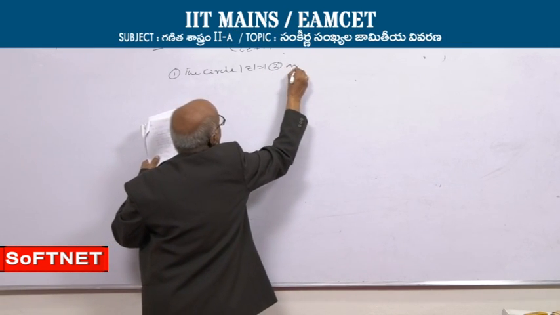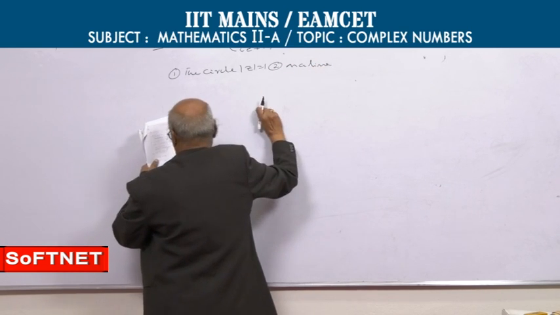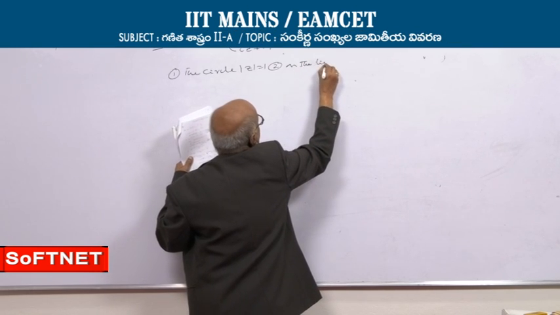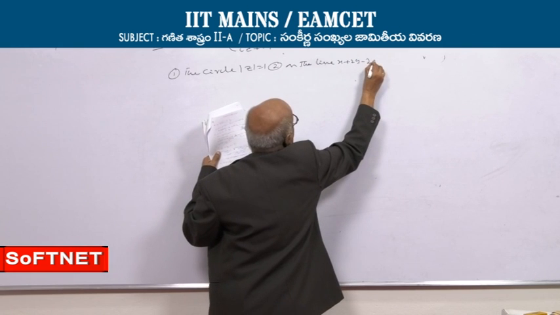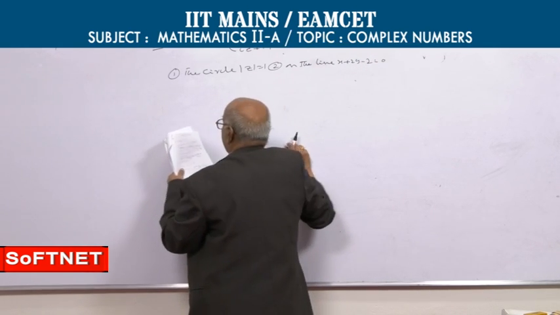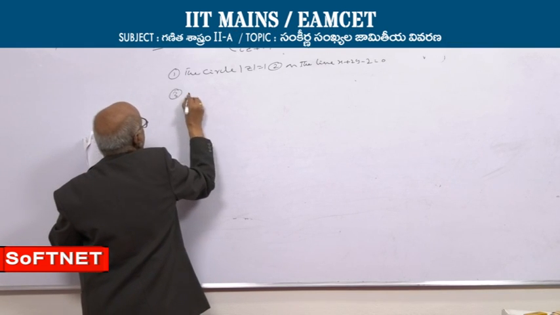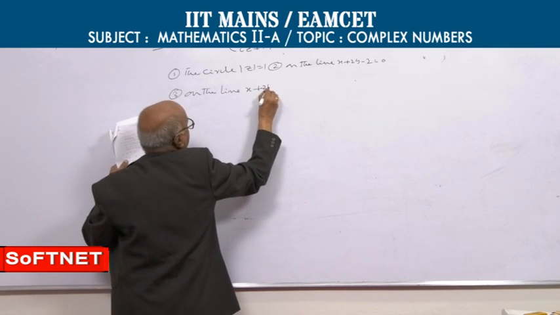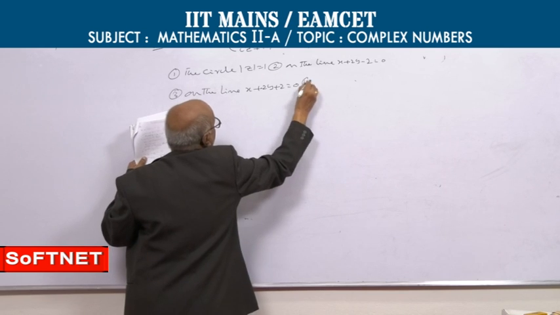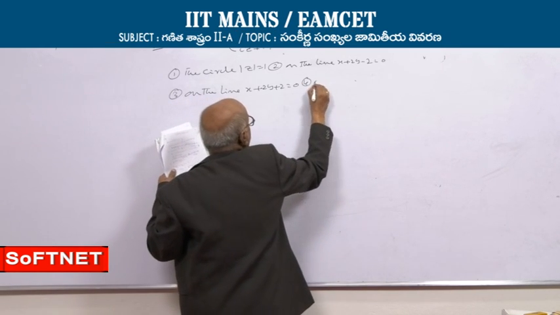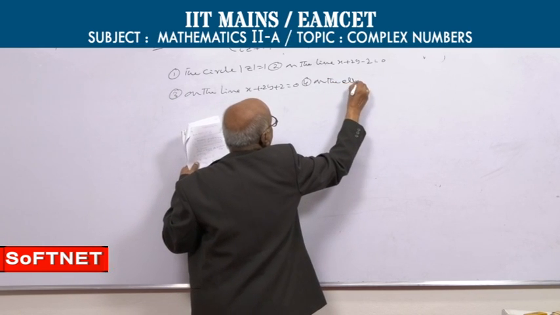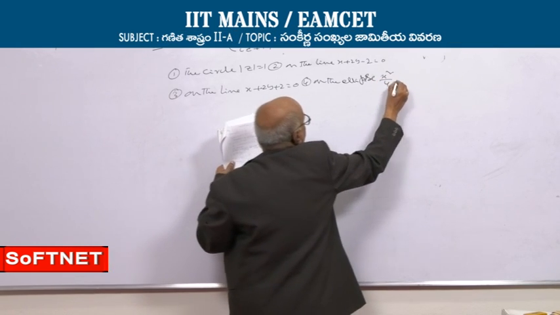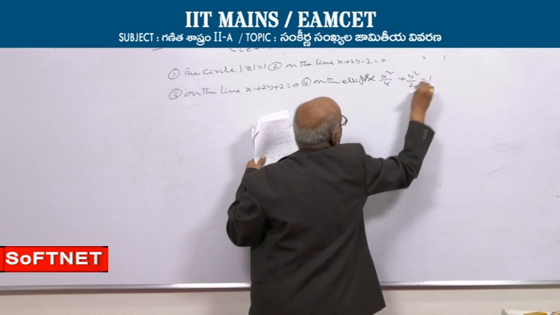On a line, or on the line x plus 2y minus 2 equal to 0. 3. On the line x plus 2y plus 2 equal to 0. 4. On the ellipse, x square by 4 plus y square by 2 is equal to 1.